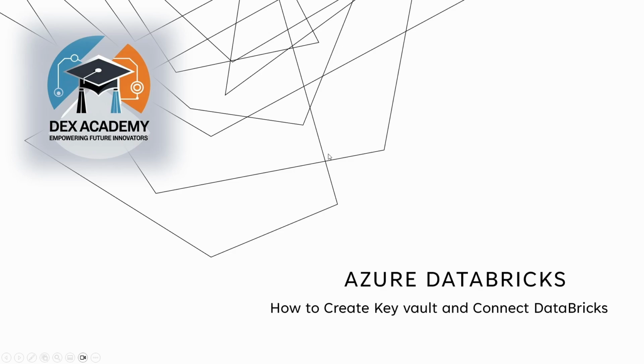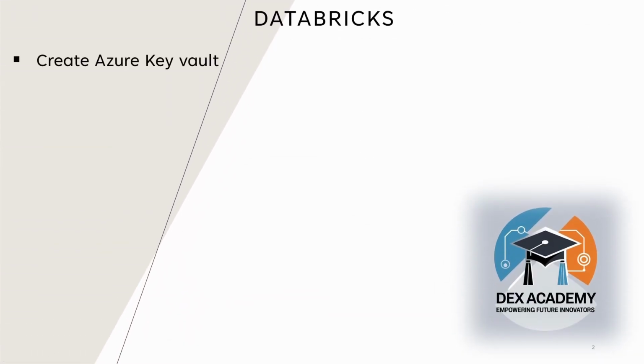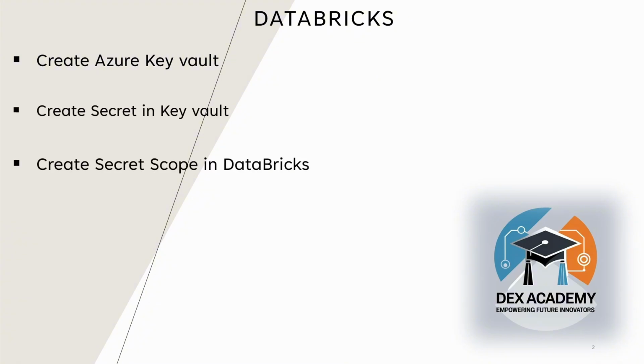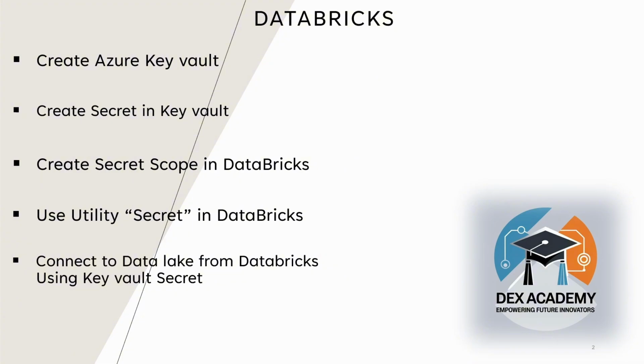The list of things we'll be going through today are: creating an Azure Key Vault, creating a secret in Key Vault, creating a Secret Scope in Databricks, using a utility called secrets in Databricks, and connecting to Data Lake from Databricks using the Key Vault secret, and then reading data from Data Lake just to confirm that our process is working. So if you've not watched our previous video, which is Databricks Day 3, I would recommend you go watch that video.